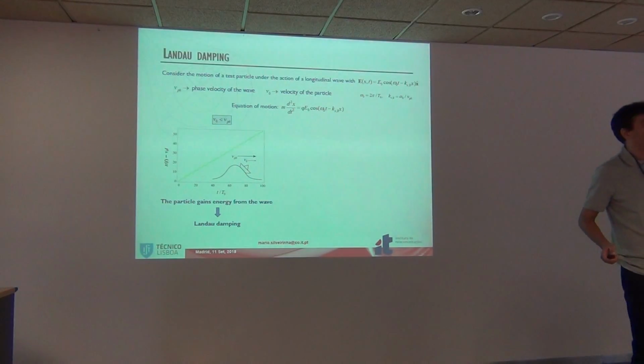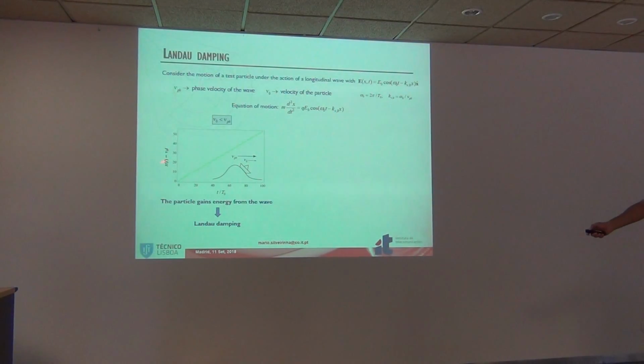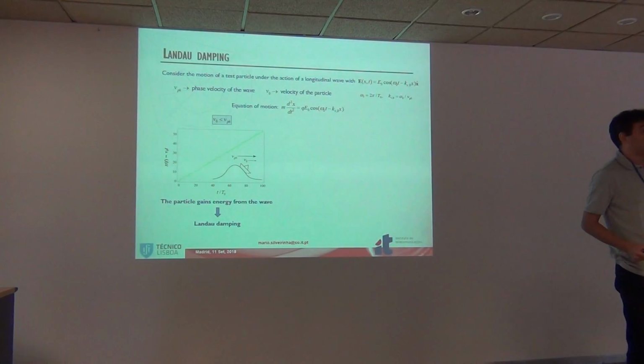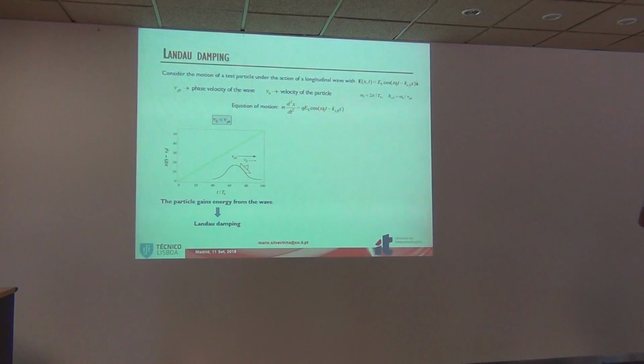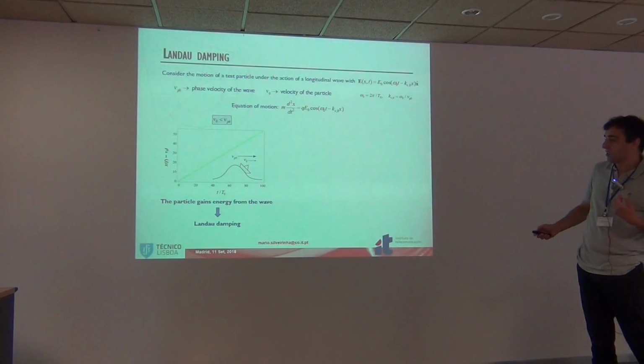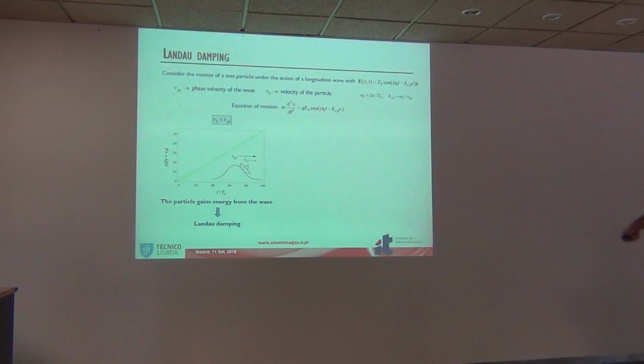The particle starts with V0, so if there were no electric field, this would be 0, but with the electric field, you see that the particle goes a little bit faster. So actually what is happening is that the particle is gaining energy from the wave. From the point of view of the wave, it's some sort of dissipation. And this is the standard Landau damping, which was discovered many years ago. So basically in this case, the particle gains energy from the wave.